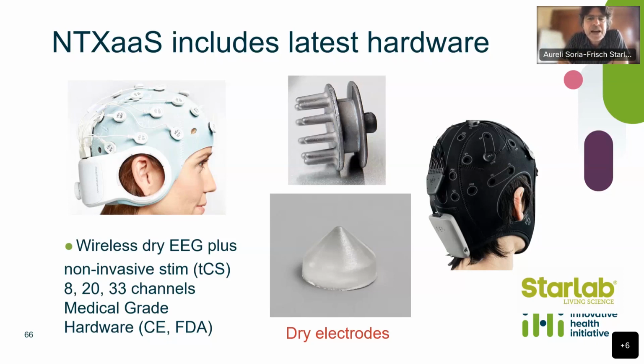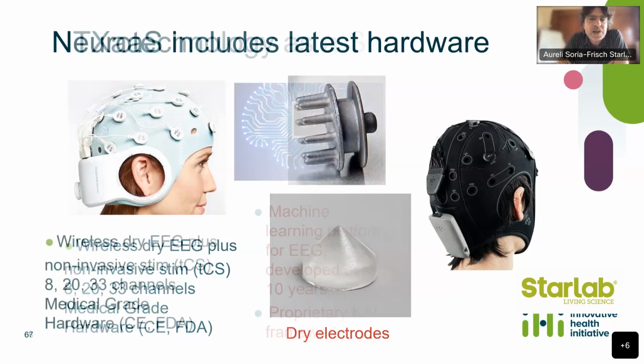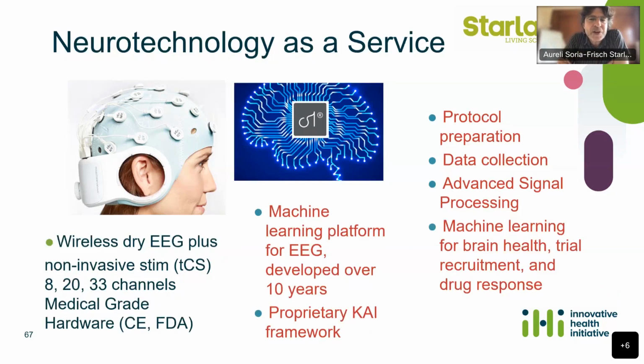Next slide. Together with the hardware, we are offering a machine learning platform for EEG, which has been developed over the last 10 years. It can be used for drug development, to measure drug engagement or to do patient stratification in drug studies.